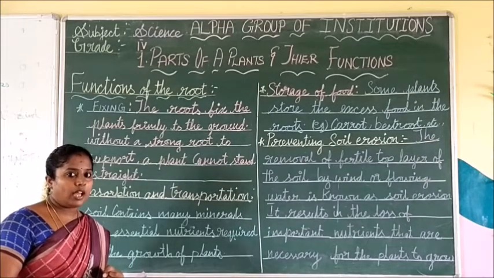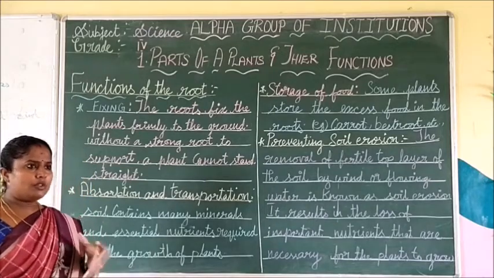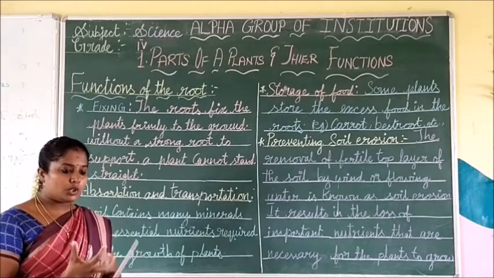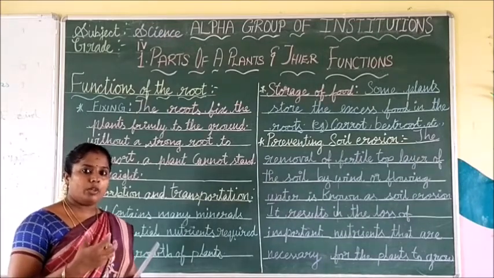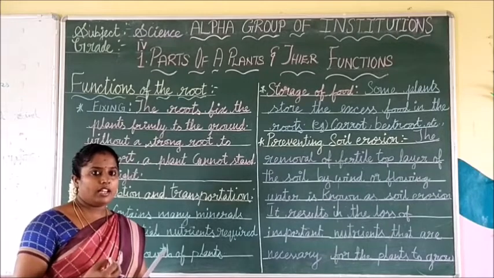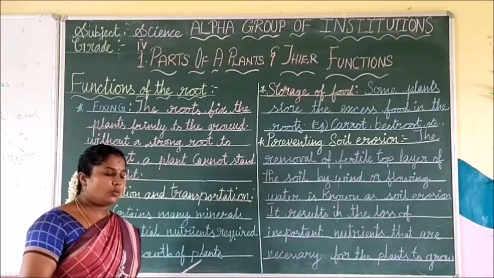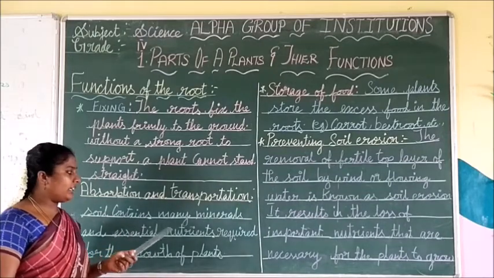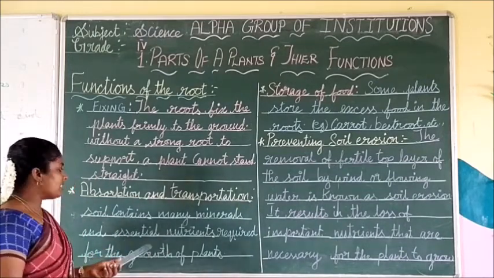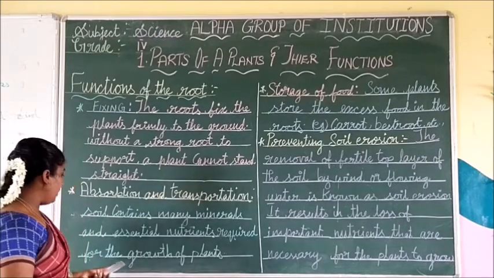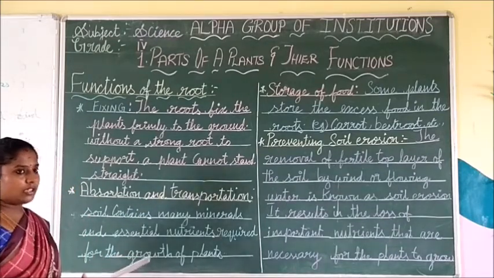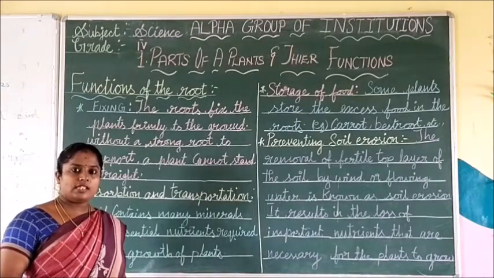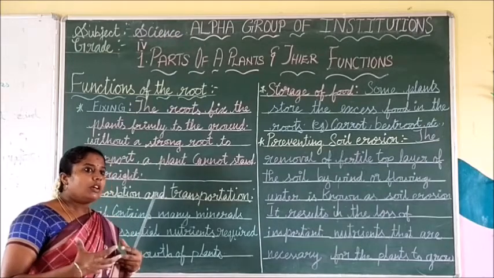Functions: absorption and transportation. What is absorption? Absorption means absorbing, grabbing all the things, and transportation means transferring. So soil contains many minerals and essential nutrients required for the growth of plants.